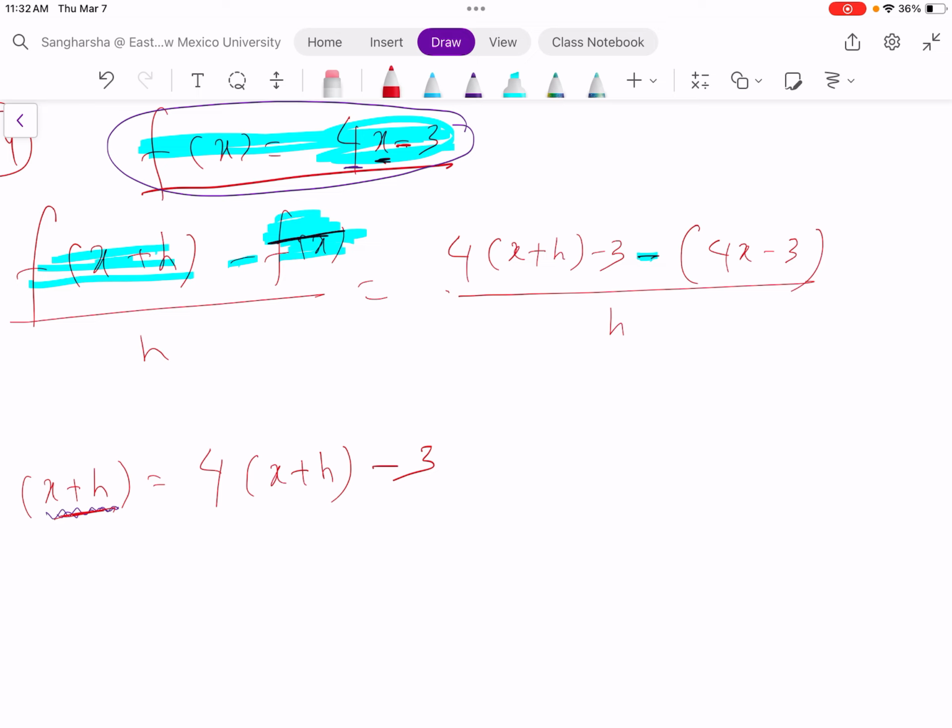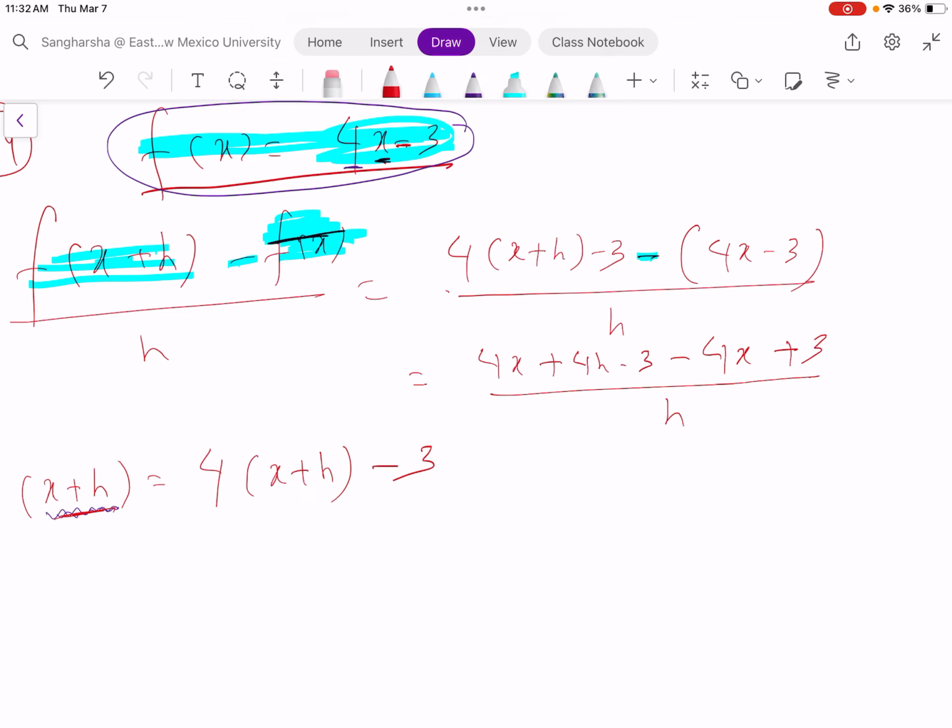Now let's simplify this. We distribute: 4 times x is 4x, 4 times h is 4h, negative 3, minus, and you distribute the negative, so the sign changes. Negative times 4x is negative 4x, negative times negative 3 is positive 3, divided by h.